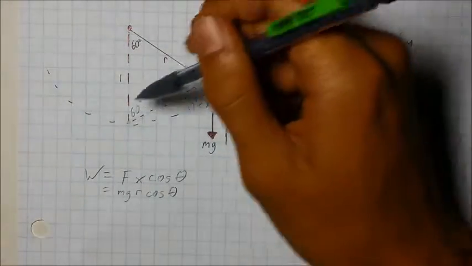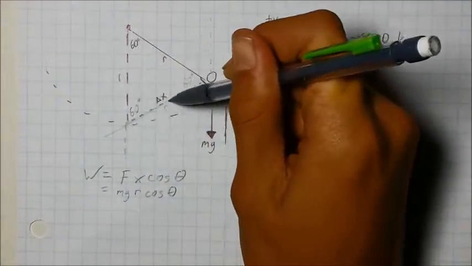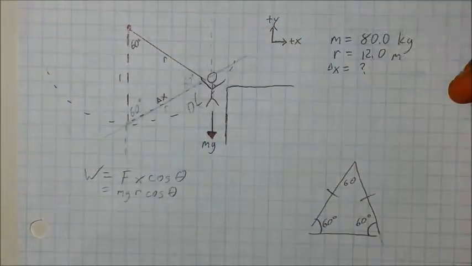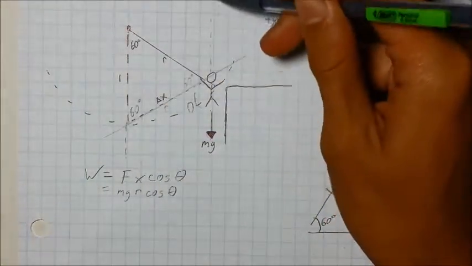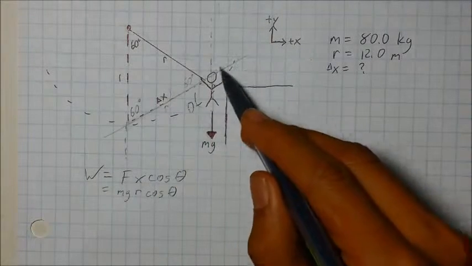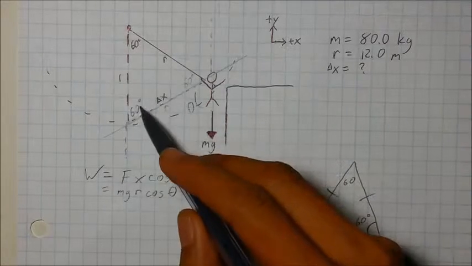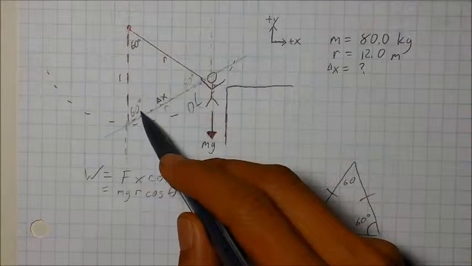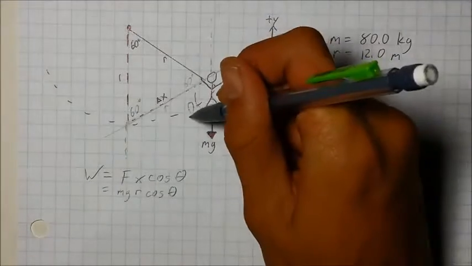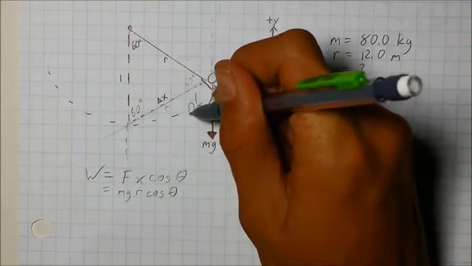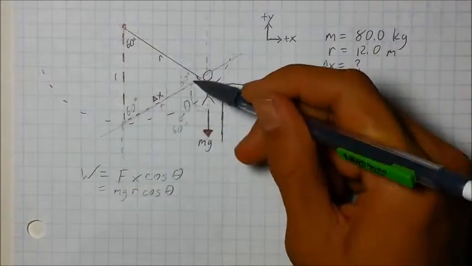If you look at this, these two verticals I've drawn in are parallel lines, and the displacement is a transversal. Using some geometry skills, specifically alternate interior angles, we can say that theta is equal to 60 degrees right here.